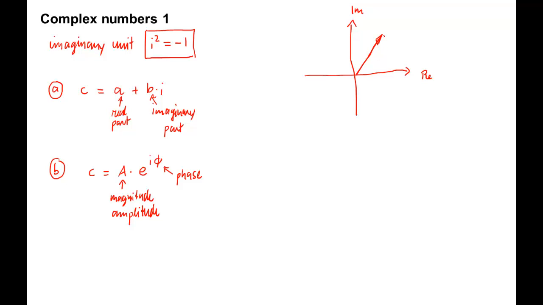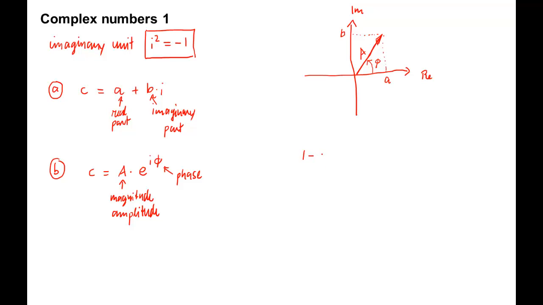Its projection onto the horizontal axis is the real part, a, and its projection onto the vertical axis is the imaginary part, b. The length of the vector represents its magnitude, uppercase A, and the angle to the horizontal axis is phi, its phase. Here are some examples.